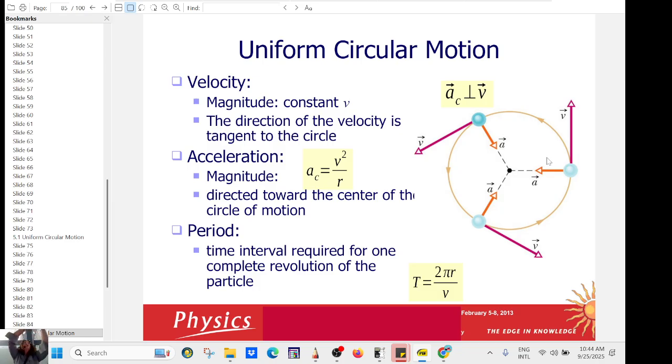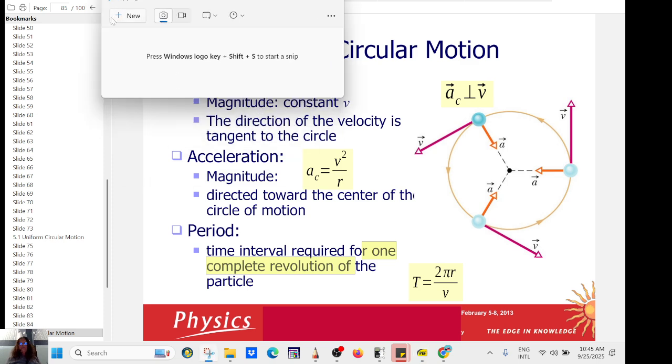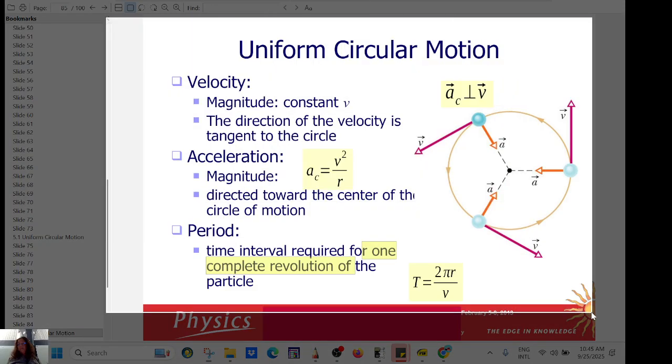For a velocity to change direction but not change the magnitude, you need to apply a force perpendicular to the velocity, and we call that the centripetal force. So it's just a review. Again, if you miss the class, you need to catch up.